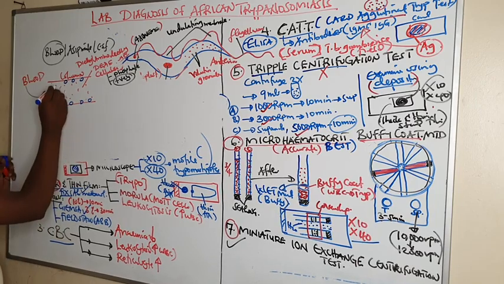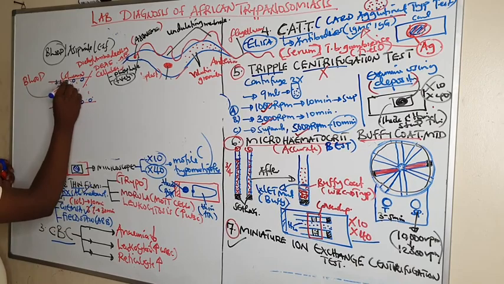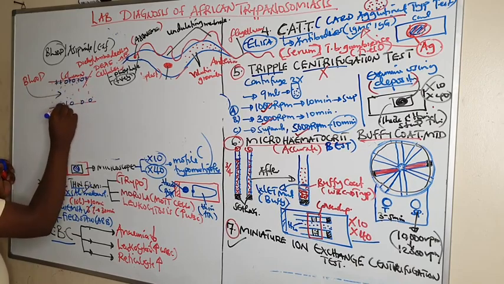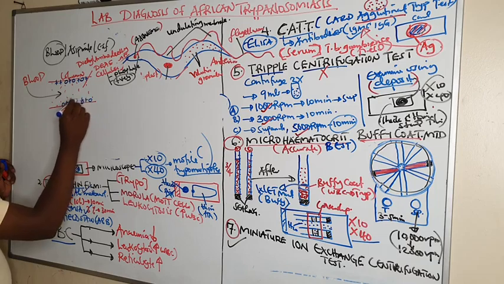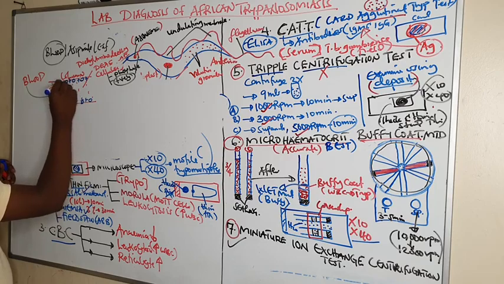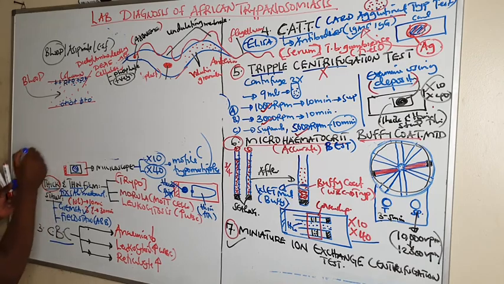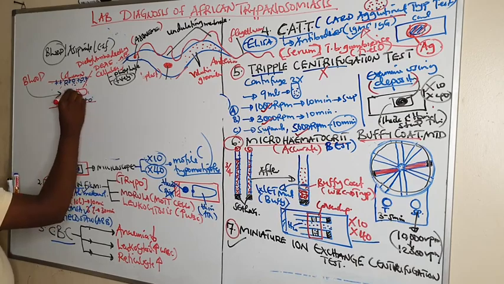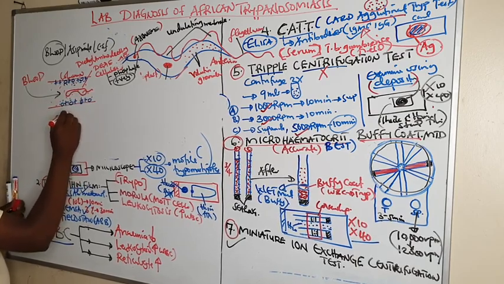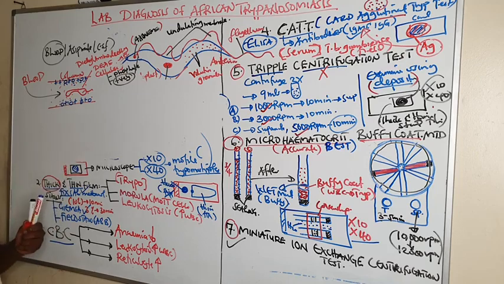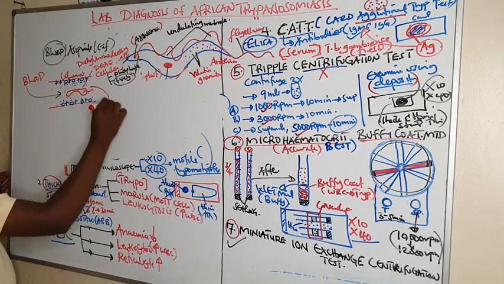Because the column, we said, is positively charged, it is going to attract the negatively charged cells. Whereas the trypanosomes, which might be present, are less negatively charged, so they pass through.